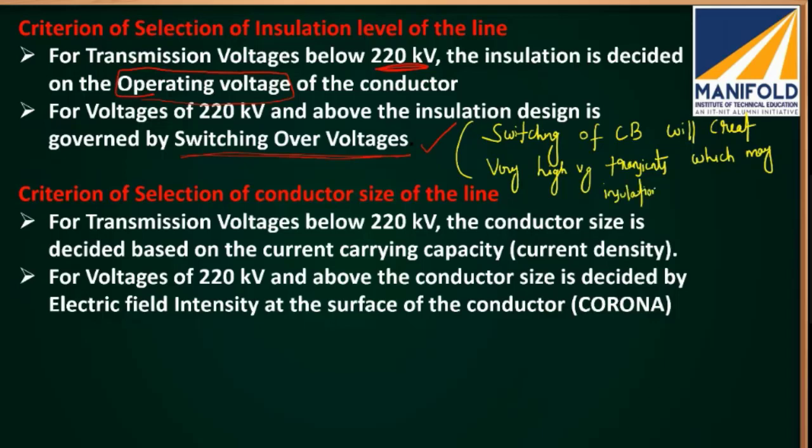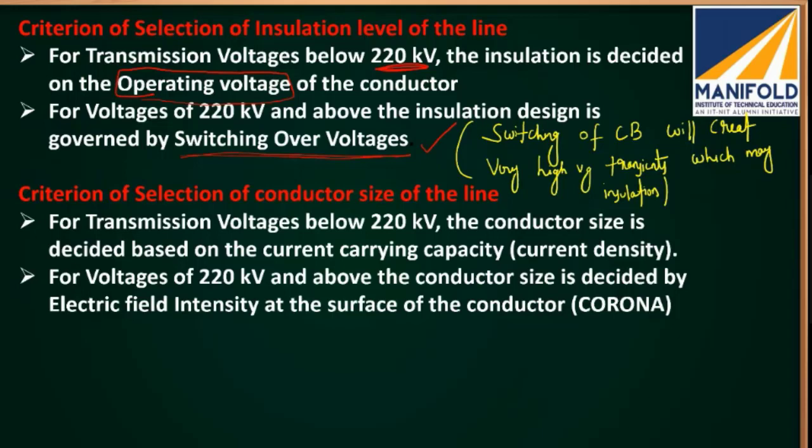So switching severity increases as the voltage that we are switching increases. Suppose if you are closing a switch in your household, you are making or breaking 230 volt. Understand? Whereas if you make or break 1000 volts, then the arc severity, the arc restriking voltage, everything will be very high. Understand? So as the voltage keeps on increasing, the switching transients are more and more dangerous.